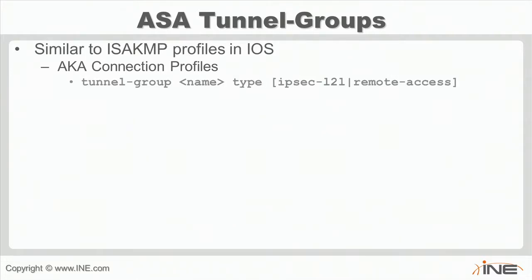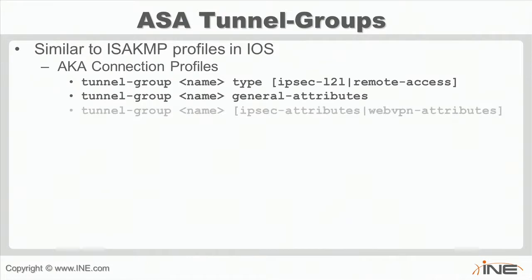Now we'll see that the different types of attributes that a tunnel group is going to get really depend on what type of tunnel it is. So is it a LAN-to-LAN tunnel? Is it a remote access tunnel? Is it an SSL VPN tunnel? There's going to be different ones that apply depending on what type of connection it is. So we'll see that those are going to be under the individual IPsec attributes or the web VPN attributes.